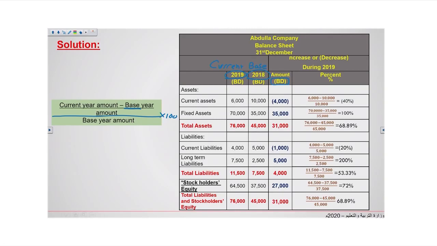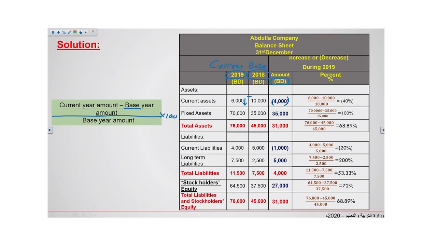Okay, in 2018 we have 10,000, but in the current year, which is 2019, the current assets are less by 6,000. So the current assets is less than 2018. 10,000 minus 6,000 will give us 4,000.